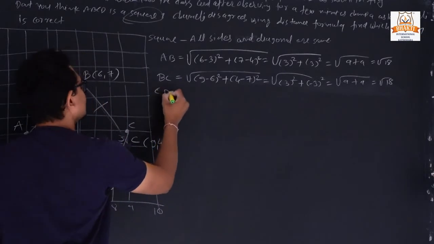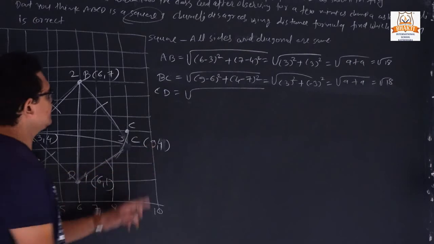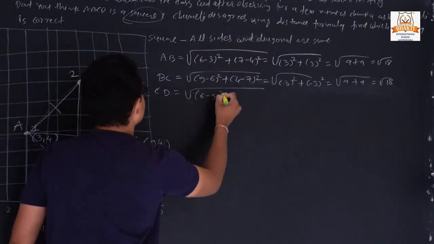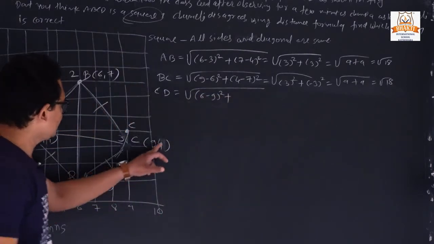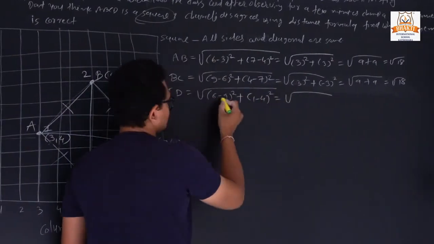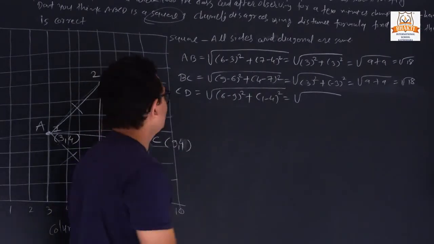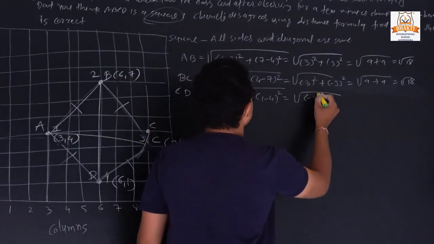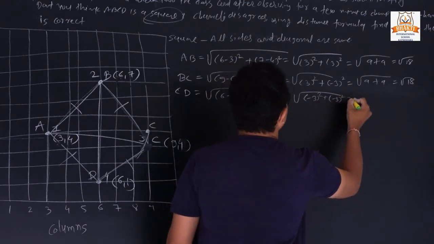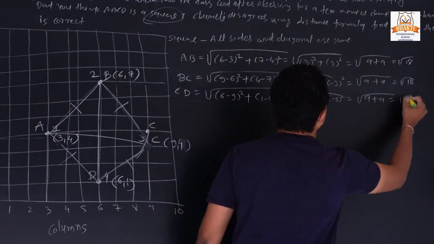Now we can find for CD, C and D. So (6 minus 9) whole square, (1 minus 4) whole square, (x2 minus x1) whole square plus (y2 minus y1) whole square. So minus 3 whole square, minus 3 whole square. So it is 9 plus 9, so it is root 18.